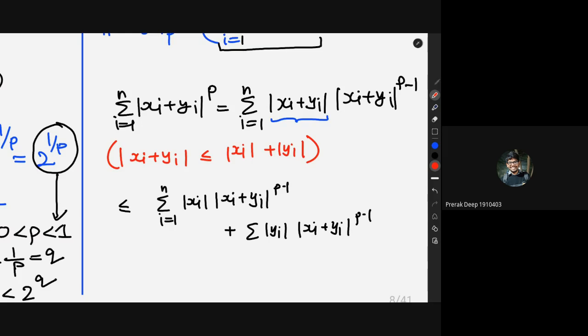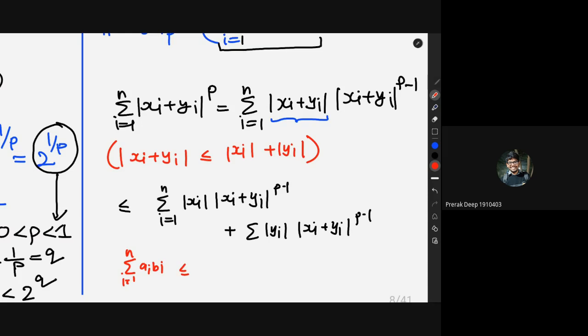For Holder's inequality, you need to have first of all a summation over ai bi, and you find the bound on it.